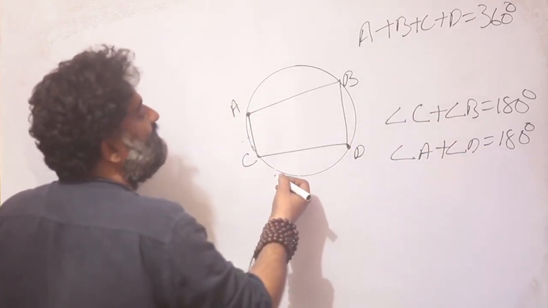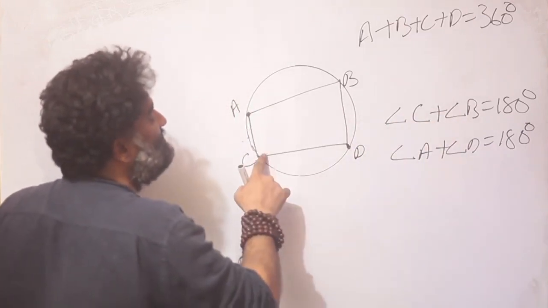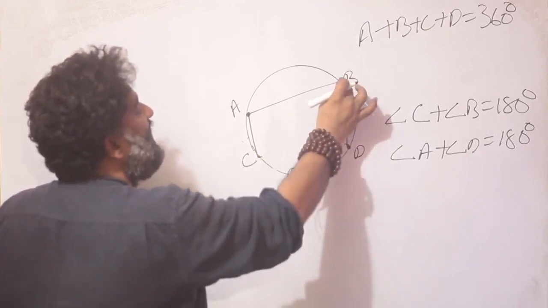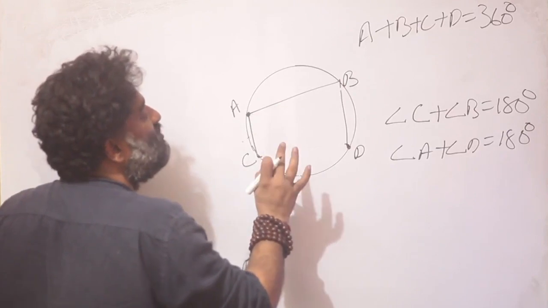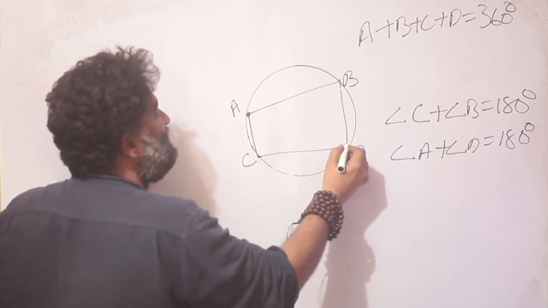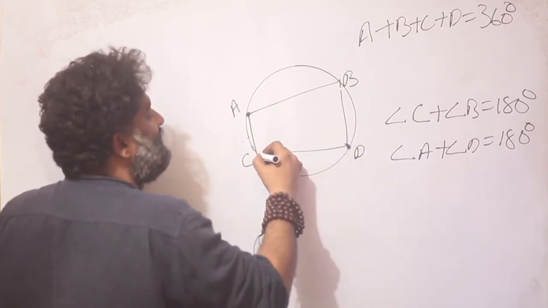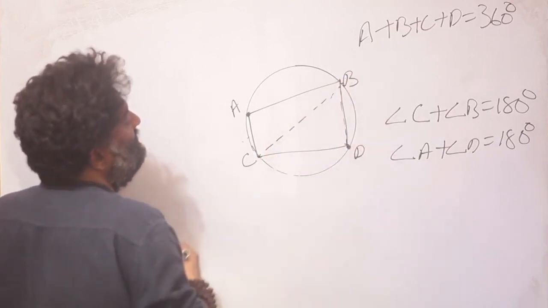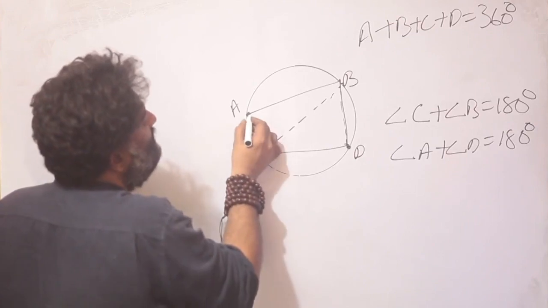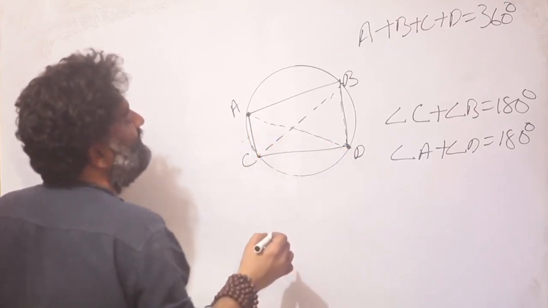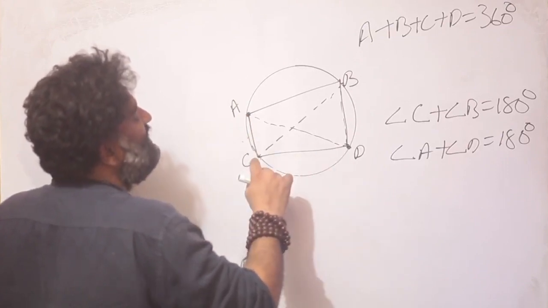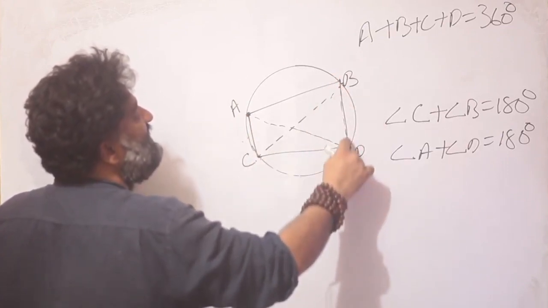And again, it will be done using the same idea that we have just derived, that if I think of the arc CD, all the angles created in the same segment are going to be equal. So put CD back here. For a minute, connect C to B and also connect A to D. Now angle CAD is going to be equal to angle CBD.